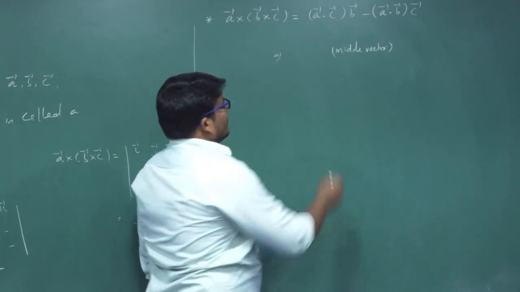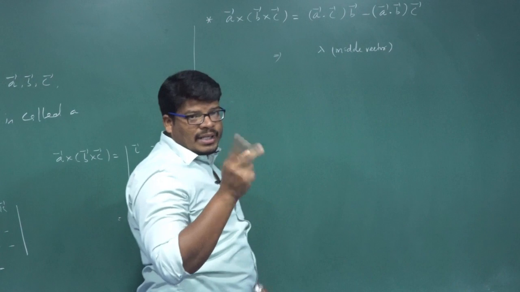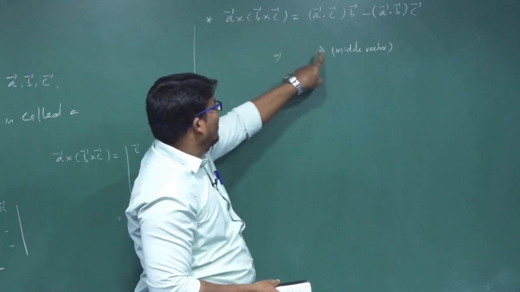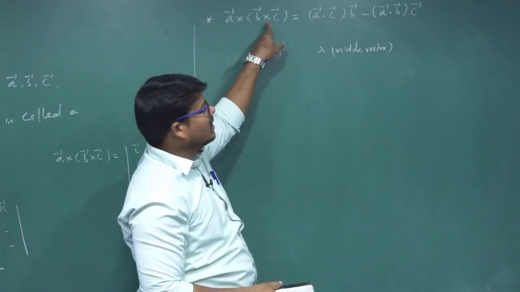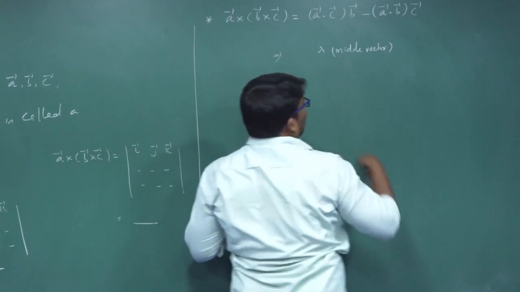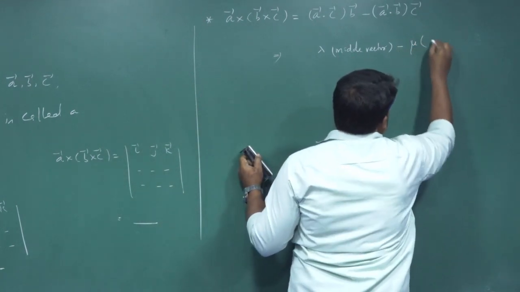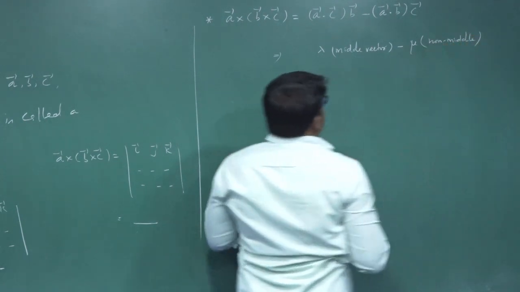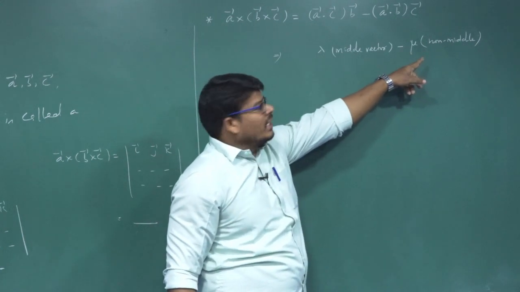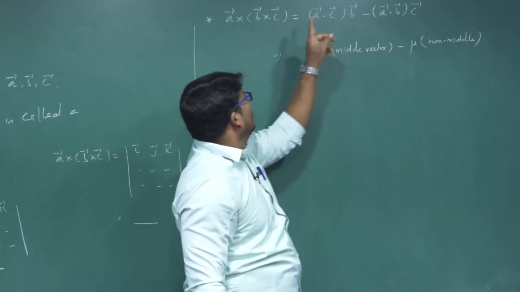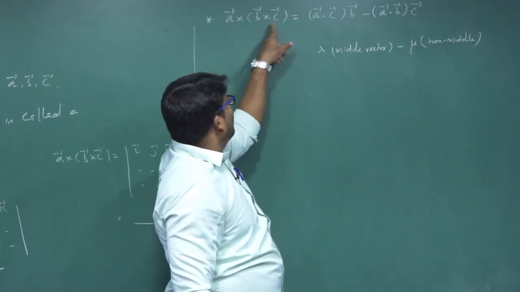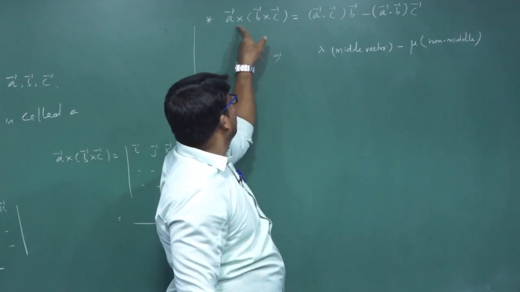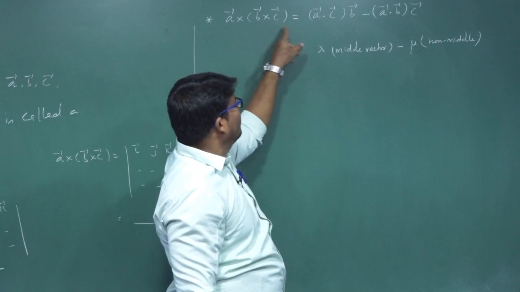A dot C is lambda, where lambda is the dot product of the two vectors other than the middle vector, times the middle vector, minus mu times the non-middle vector, where mu means the dot product of the two vectors other than the non-middle vector.